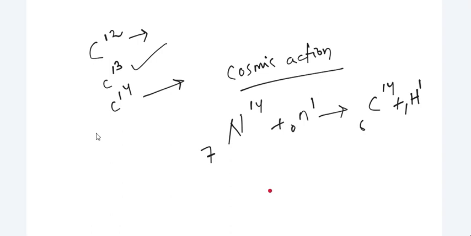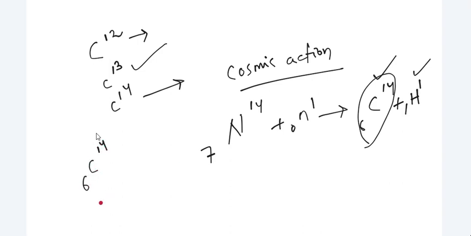So when nitrogen is exposed to cosmic radiation, it is hit by a neutron particle, and then it decays to C 6,14 and releases a hydrogen atom. In this process, C 6,14 is brought into nature.